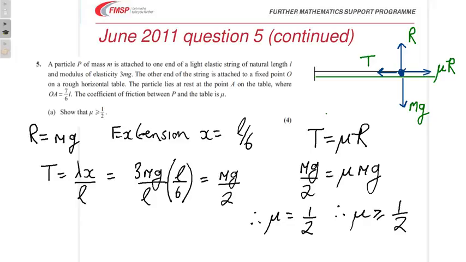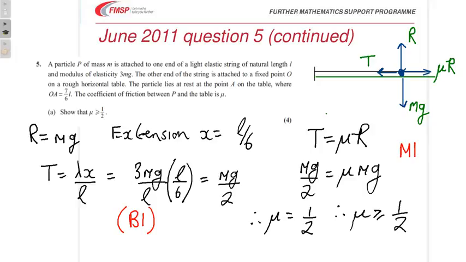While we're here, the allocation of the 4 marks was 2 method marks and 2 accuracy marks. There was one B mark for seeing this: T equals lambda x over L equals mg over 2. So there's 1 mark for that. Then there was a method mark for either evaluating the friction equal to mg over 2 and then saying the friction is less than or equal to mu R, or doing what I've done here and putting friction equal to mu R and then evaluating it.